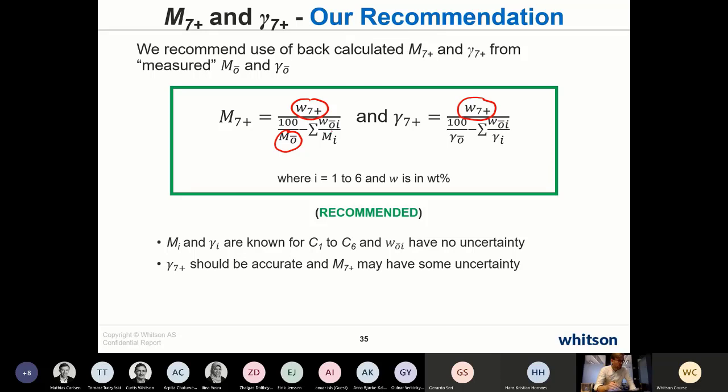We know the molecular weights of those because they're from pure compounds. So we either use known quantities or actual measured quantities. The same goes for this one right here, which is actually measured. And this one is measured, and these are known because they're based on pure components. This is given to us by Mother Earth.